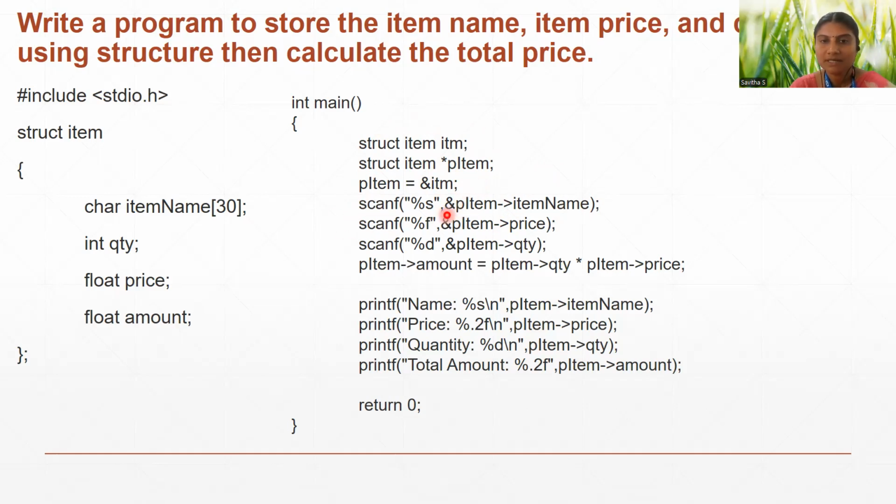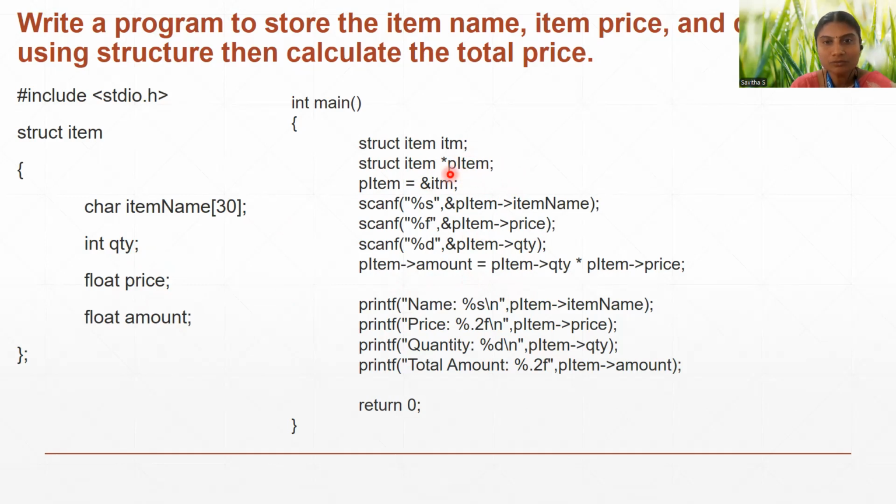So now first we are scanning the item name and then item price and then quantity. Now we are calculating the amount of a particular item. So P item dot amount. Here, the difference between the structure pointer and the structure object is that for a structure object, we will make use of dot: ITM dot quantity, ITM dot price.